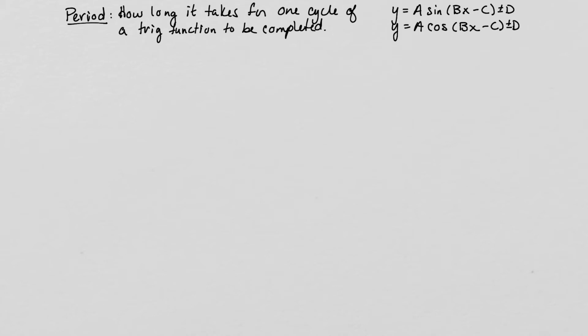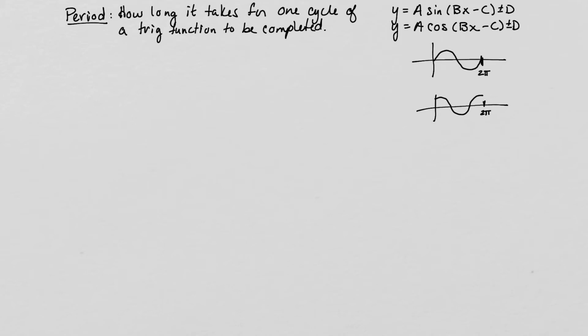So when we were talking before about the regular old sine function, it took 2 pi to be completed. Same thing with the cosine function, right? It started up here. To get back to that same spot, it takes 2 pi. So it's one complete cycle of the wave, right?